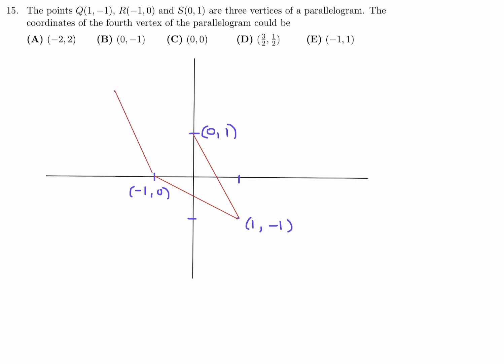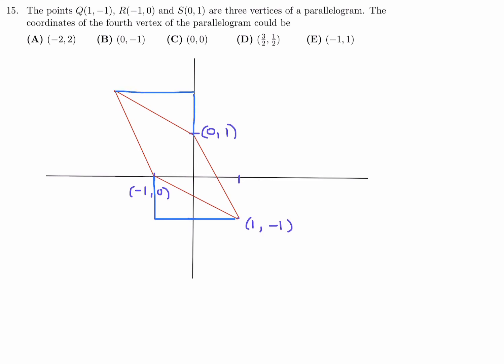It's got to match up like that to make a parallelogram. So how we figure that out is just kind of counting. To get this point, we went 1 down and 2 across, right? So very similarly, to get that point, you'd go 1 up and 2 across from here.